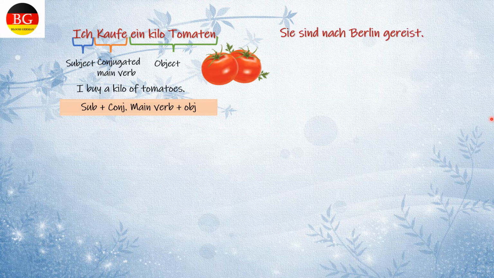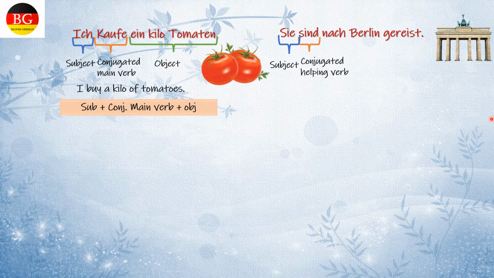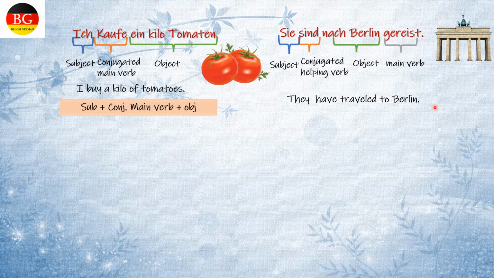Sie sind nach Berlin gereist. Sie is the subject. Sind is the conjugated helping verb. Nach Berlin is the object. Gereist is the main verb. Meaning of the sentence is they have traveled to Berlin. So this sentence is in present perfect tense.